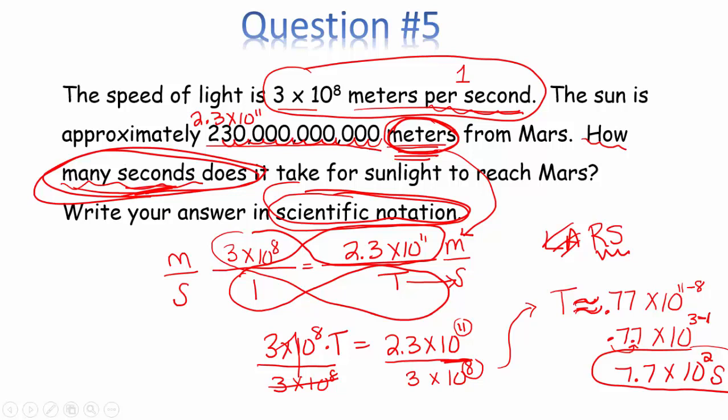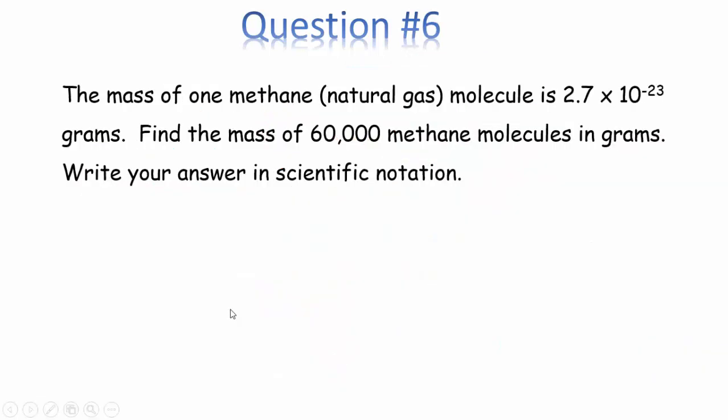So that's the type of word problem we worked with last week. Let's try another one. The mass of one methane or natural gas molecule is 2.7 times 10 to the negative 23 grams.